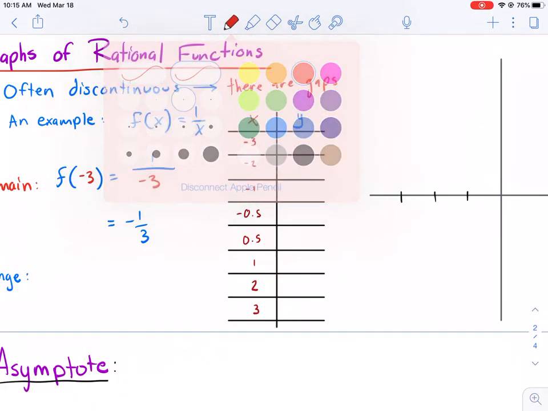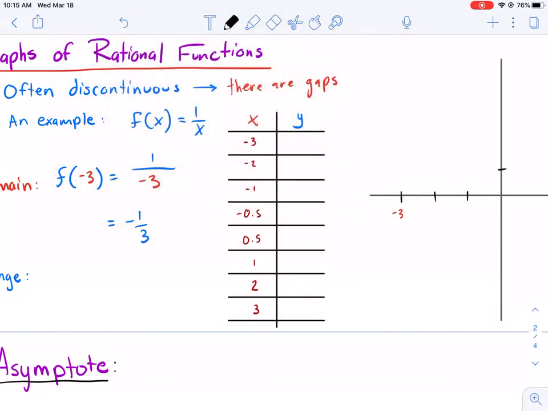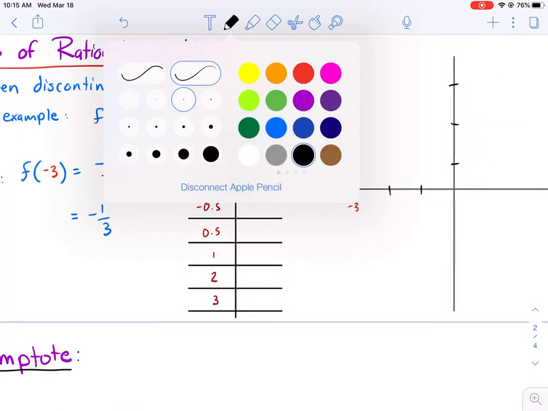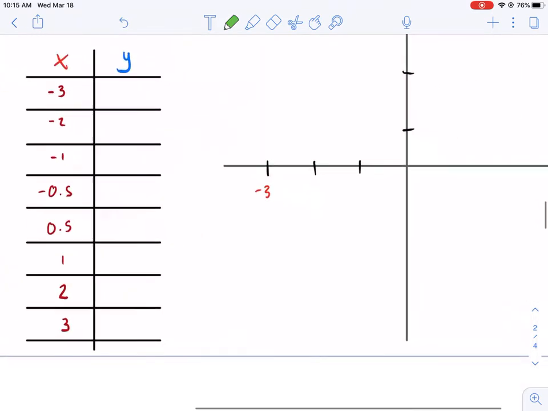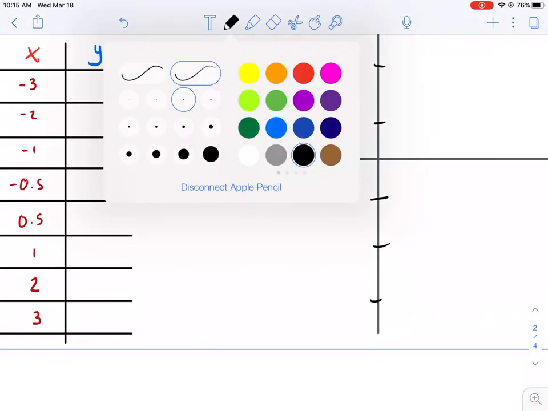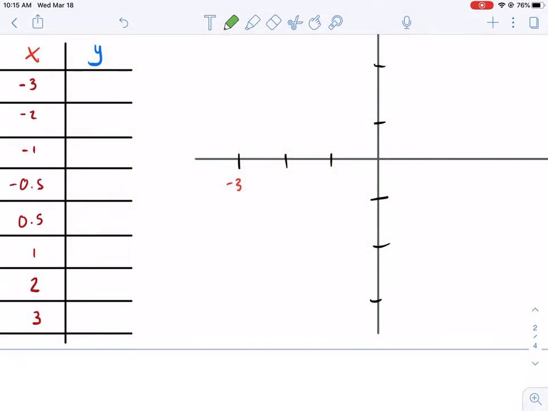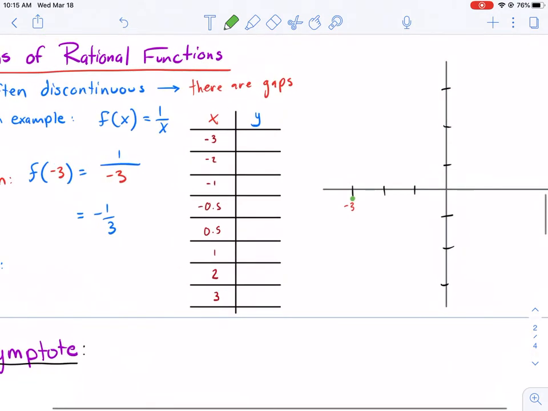And my y value is going to be -1/3, so it's going to be very small. I need to go in the negative direction. It doesn't have to be exact for this particular exercise. Then I'm going to write -1/3.